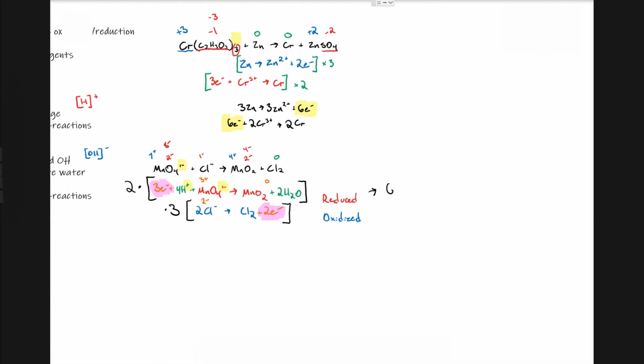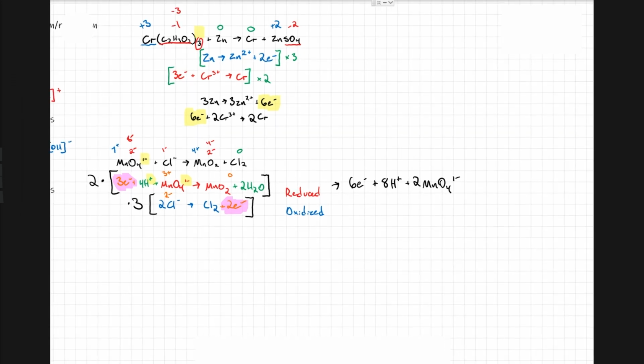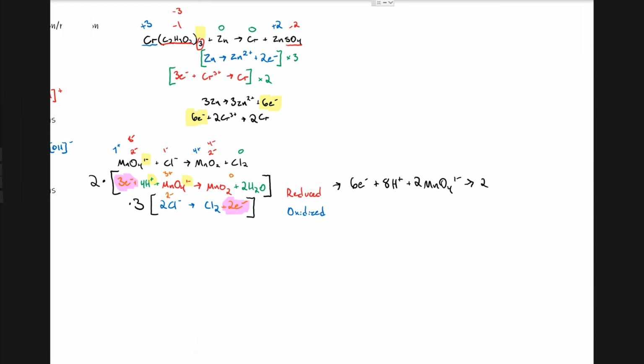we're going to get 6 electrons plus 8 hydronium ions plus 2 MnO4 1 negative, goes to 2 MnO2 plus 4 H2O.